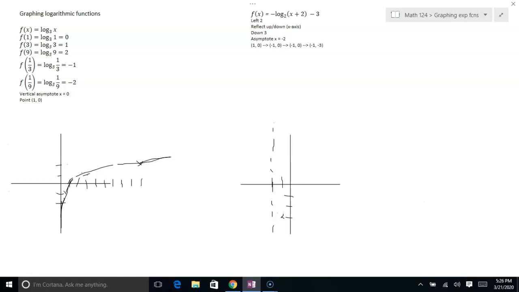Instead of going slowly up to the right, I'm going to go slowly down to the right. And instead of going sharply down along the vertical asymptote, I'm going to go sharply up along my vertical asymptote. This way. There's my graph. As always, we'll let Desmos fill us in how that should look.